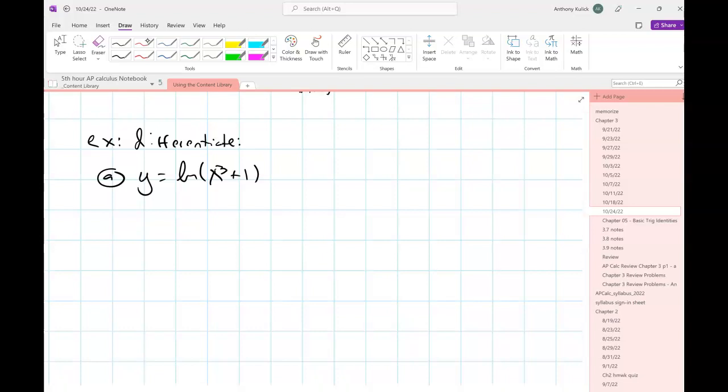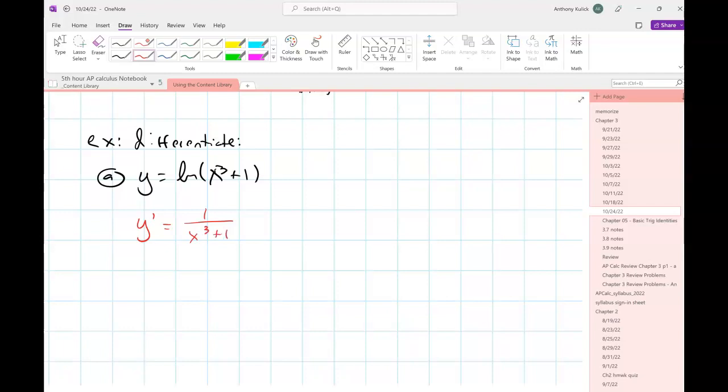If I look at this guy here, what do we notice? To do this derivative, what are we going to need to use? Chain rule, right? We see one function inside of another. Excellent. So the outer is the natural log, whose derivative is 1 over x, but we have to plug the inside back in.